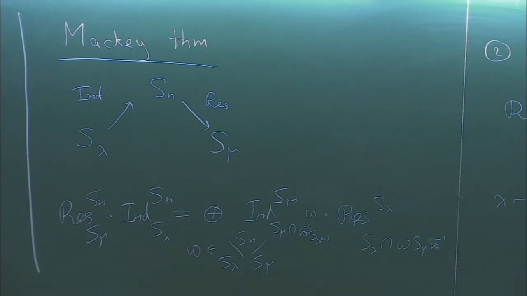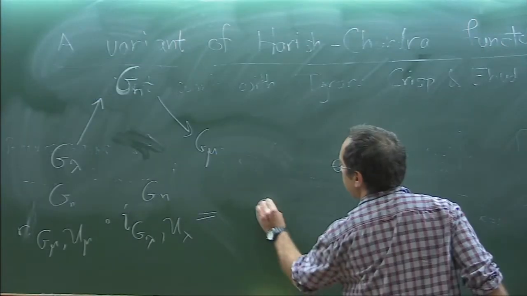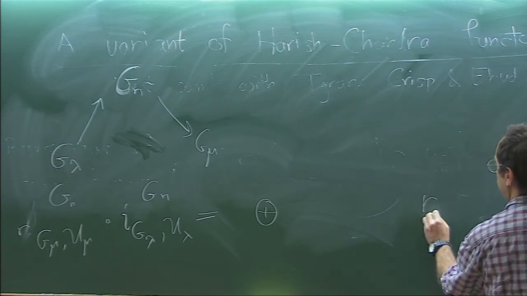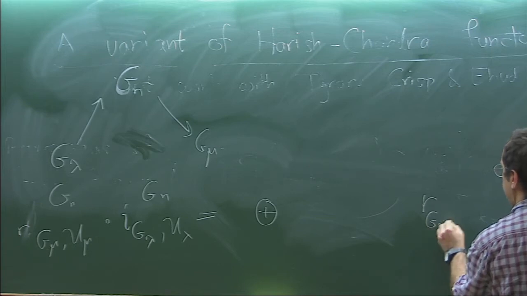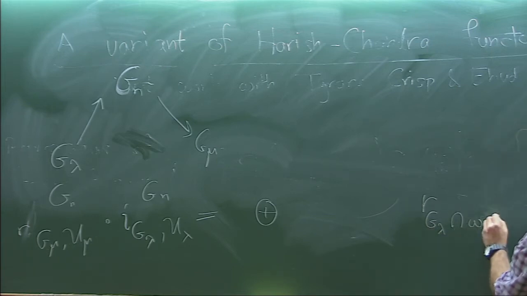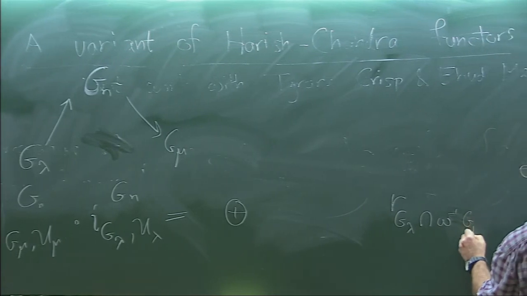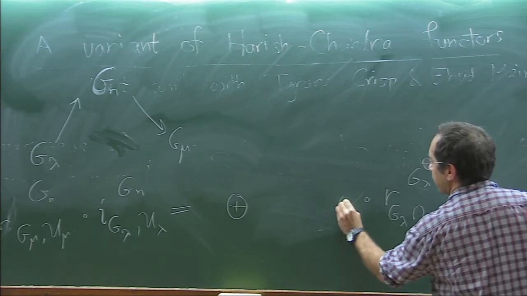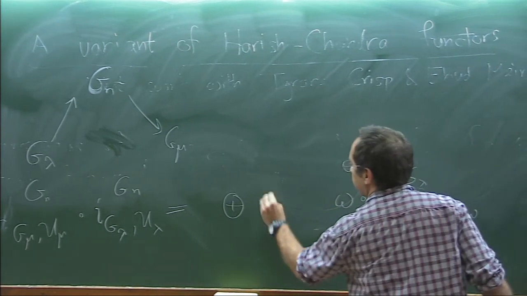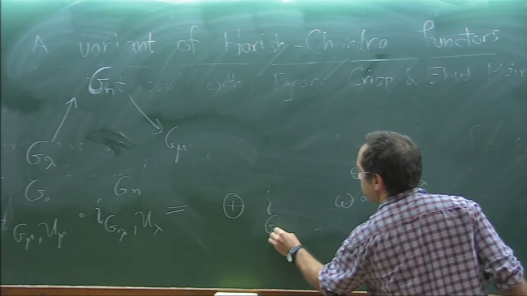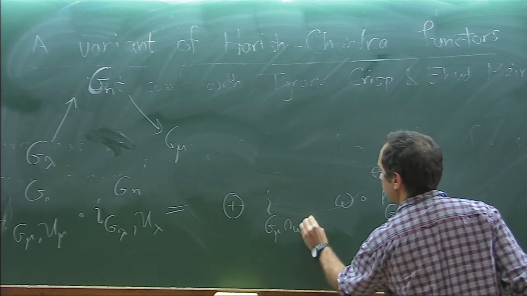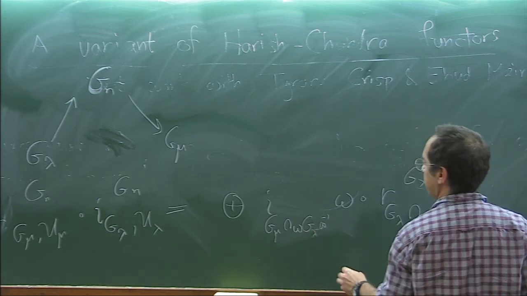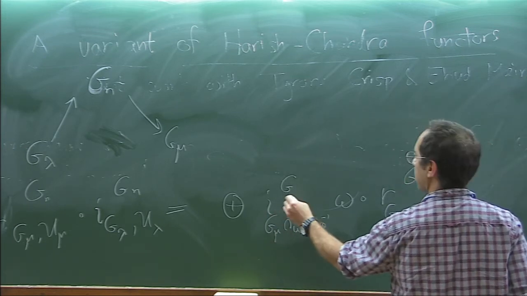So this is going to be a direct sum of R from G lambda intersection W inverse G U W. This is from G lambda, and then twist by W, then the functor I from G mu intersection with W G lambda W inverse to G mu.